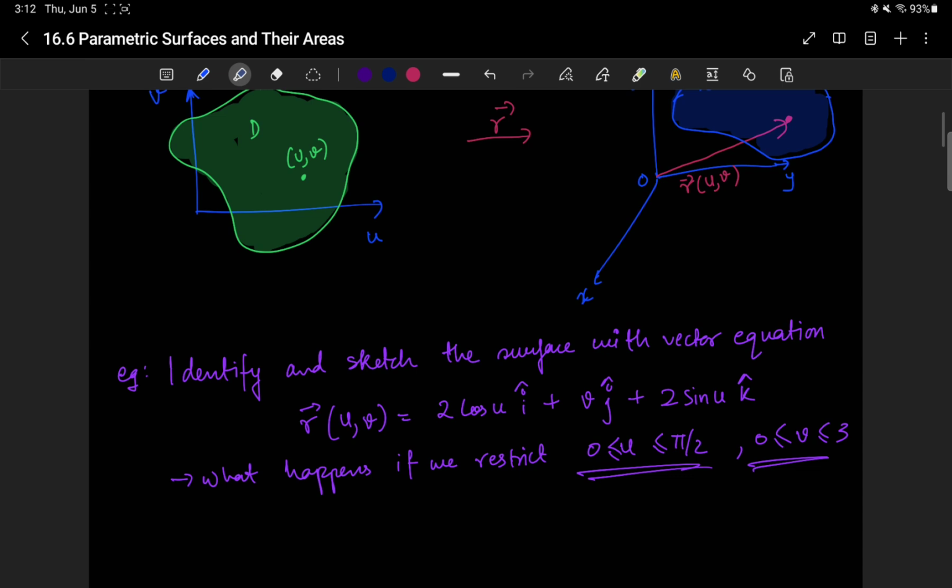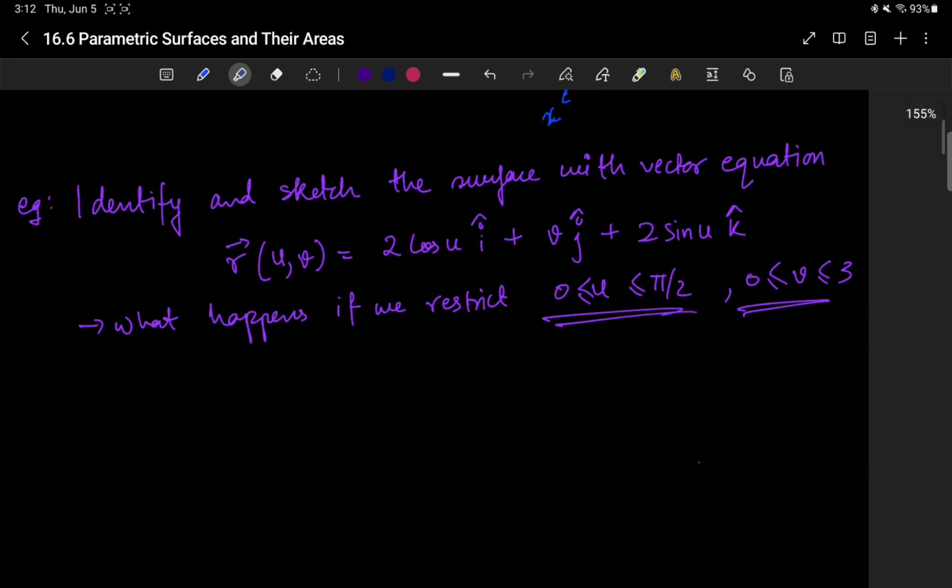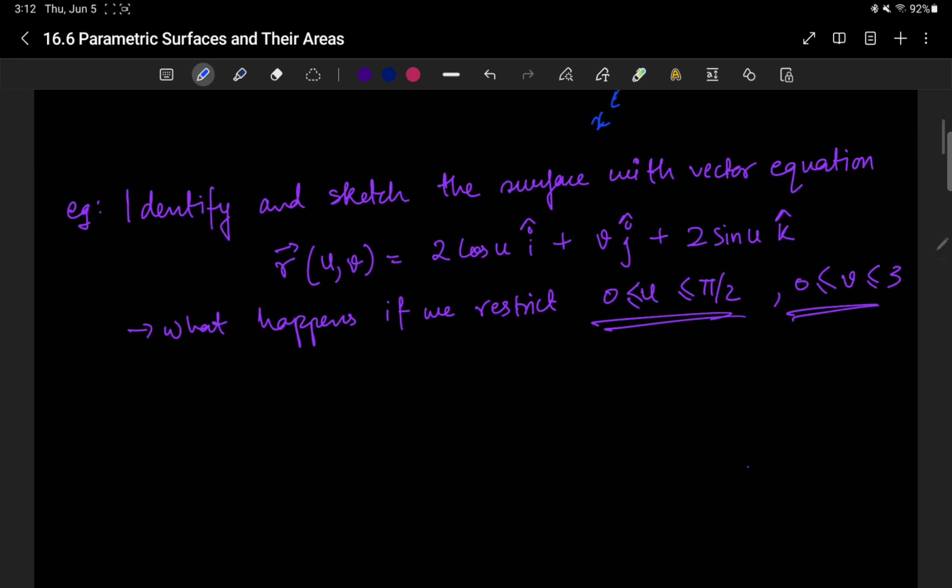Let's look at an example and also learn a generic way of how to map this given domain D into a surface S. In this example, it says identify and sketch the surface with a vector equation in parametric form given by 2 cosine u i, v j, and 2 sine u k. So in the parametric form, the relation we have is x is 2 cosine u, y is v, and z is 2 sine u.